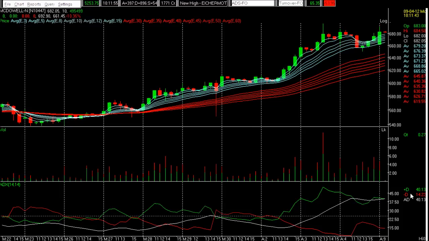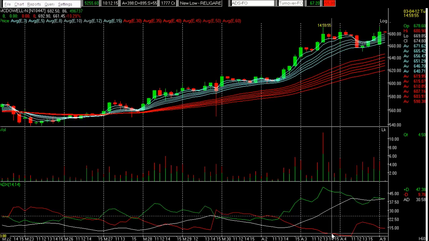Now how to interpret this indicator. There are three lines in this indicator. As you can see, it's a green, white and a red line. There are many traders who depend on a crossover of these green and red lines for a buy or a sell trade.